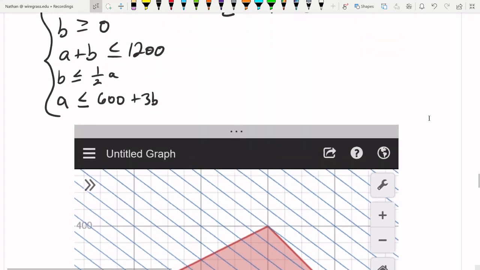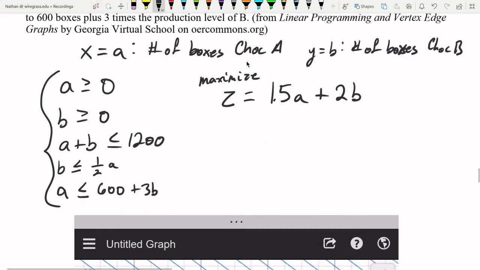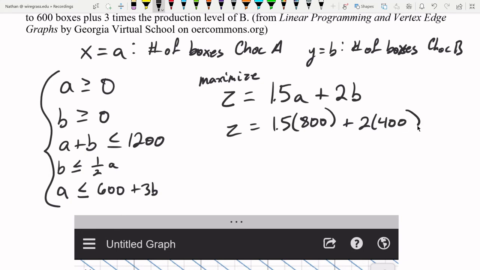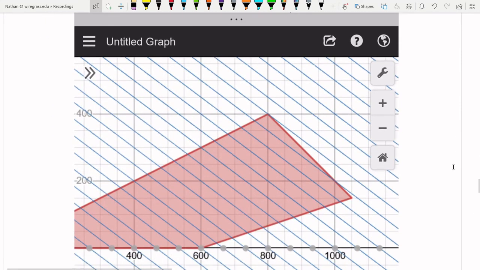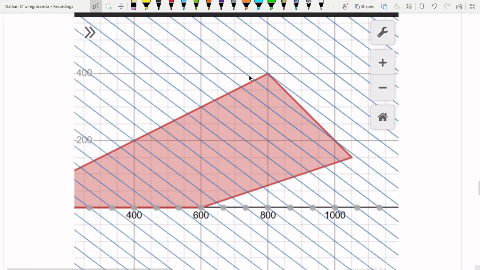Let's go ahead and show that. We take z equal to 1.5 times 800 was A, 400 was B. That's going to give us $2,000. Okay, and that's really how a linear programming problem works. Really, you can just test these vertices points.